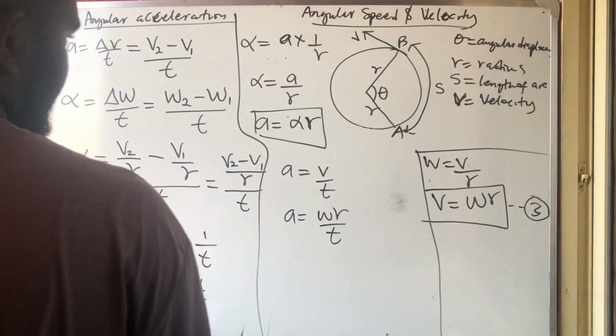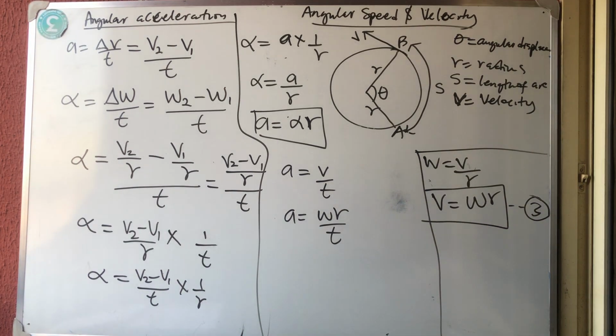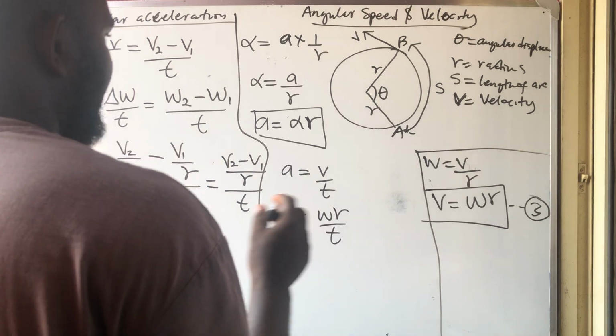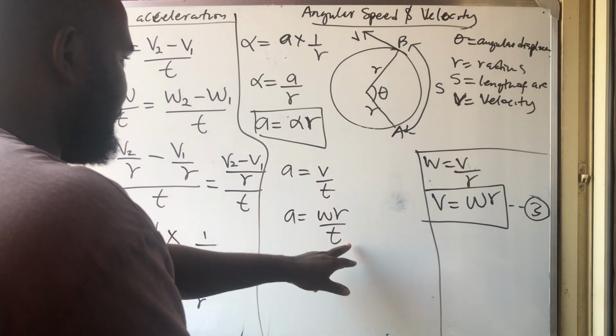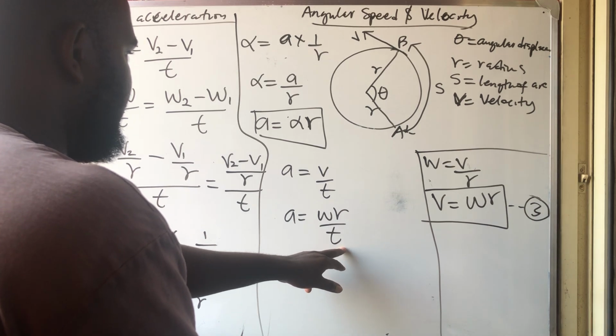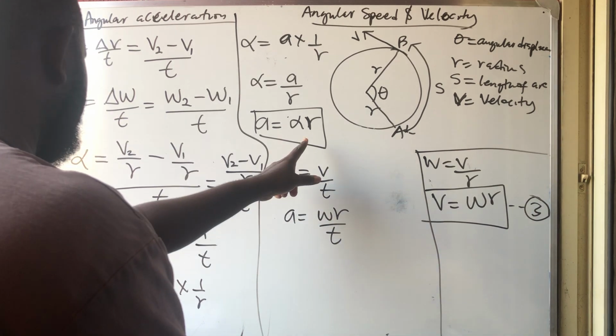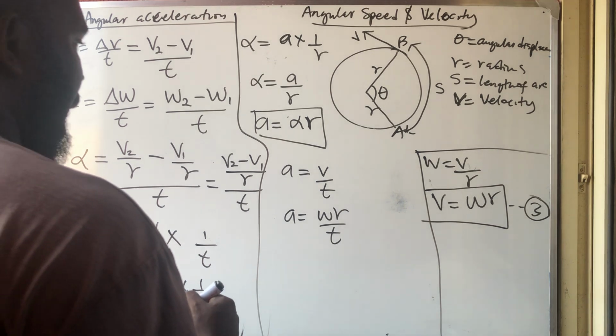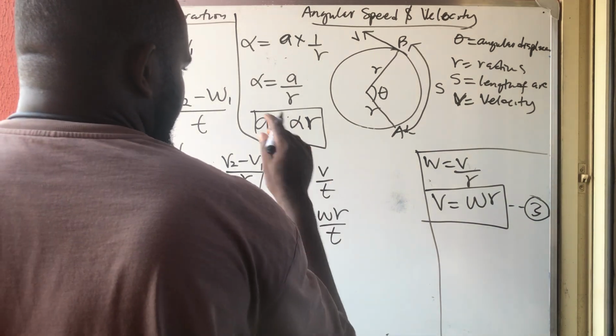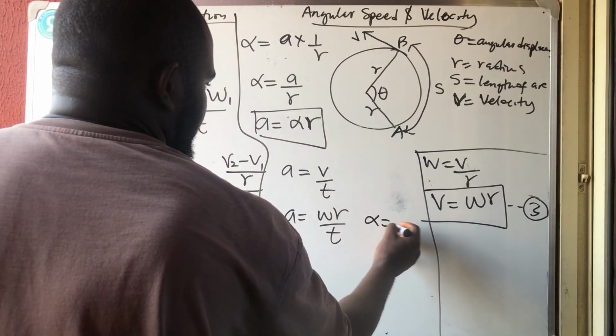I want to replace this with omega. So how do we get the relationship between them? Okay? I'm having that velocity is equal to this over T. How do we bring in this here? Okay, and we know that alpha is equal to what?